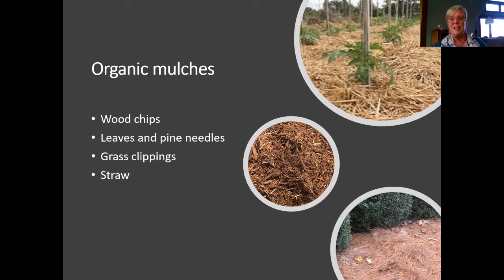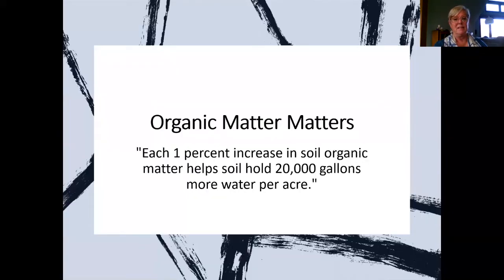So just know that you don't want to cover every square inch of your garden, but for the most part, organic mulches are going to be more beneficial because being organic, they rot, they decay, they're incorporated into the soil, and so they keep improving it. So you do need to replace your organic mulches occasionally.